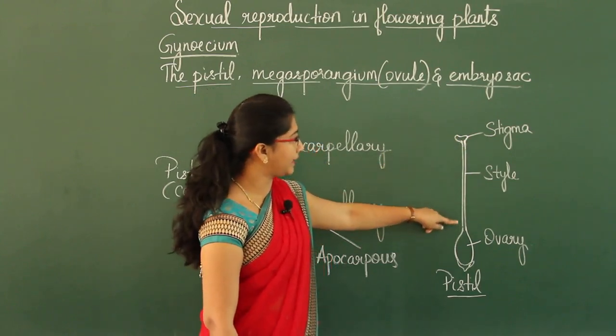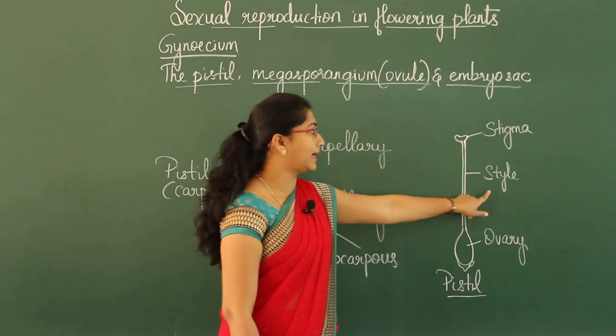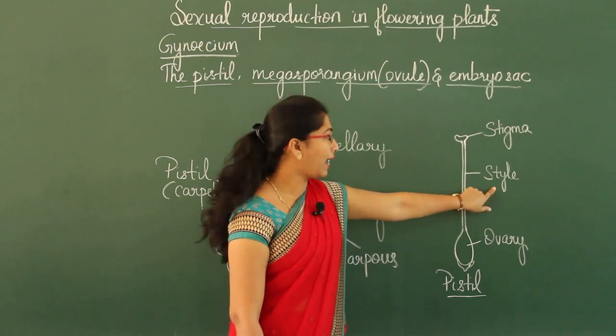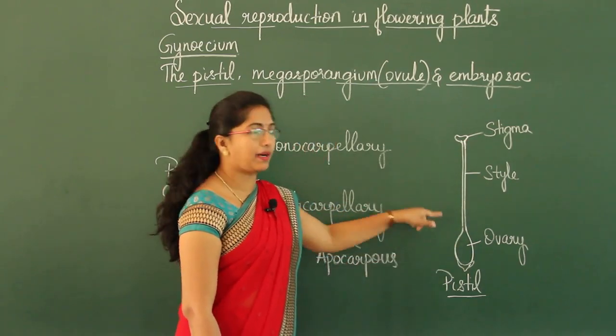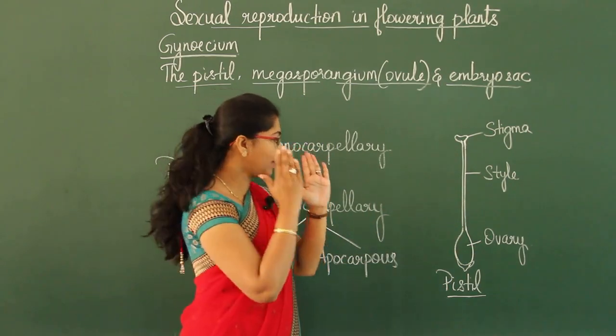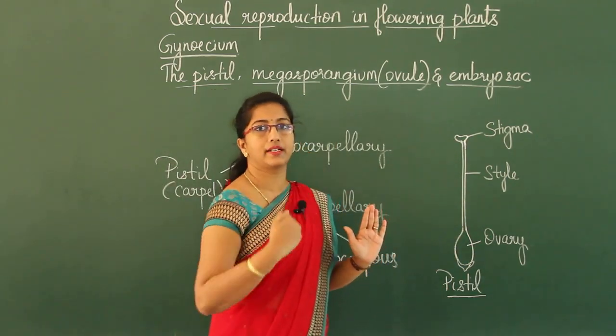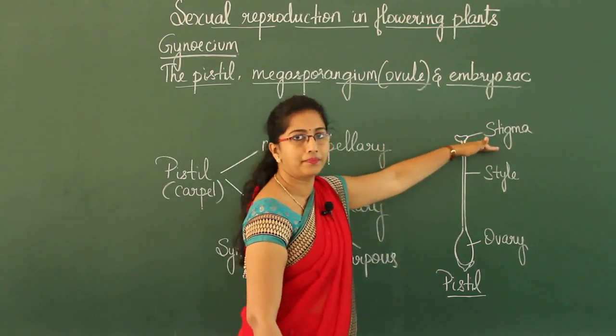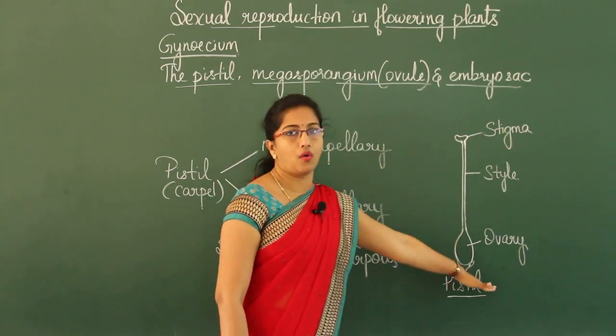Beneath this you find an elongated structure called style, and the basal bulged part which we call ovary. So pistil is divided into three regions: stigma, style and ovary.